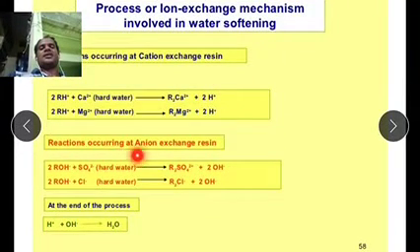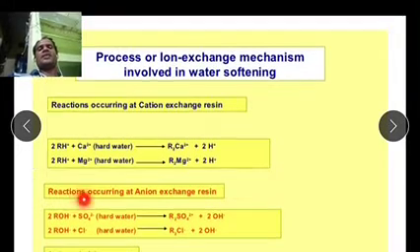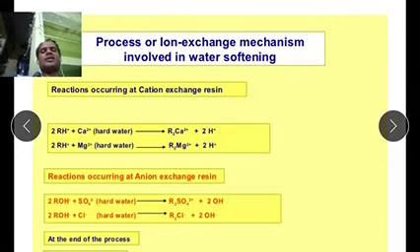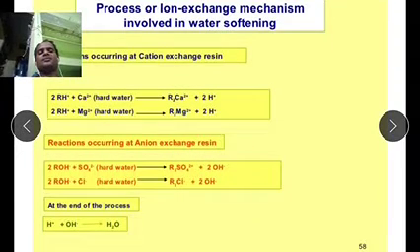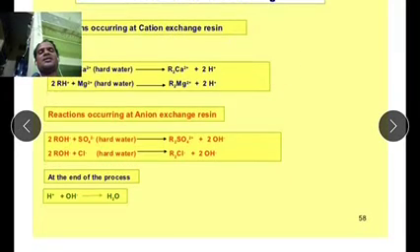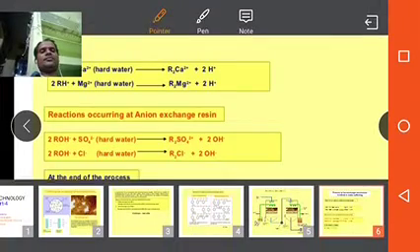The reactions occurring in the anion exchanger: the ROH group reacts with sulfate ions or chlorides and forms resin sulfate or resin chlorides with the liberation of hydroxyl ions. From these two processes, the H plus ions from the cation exchanger and the hydroxyl ions from the anion exchanger combine to form demineralized water.